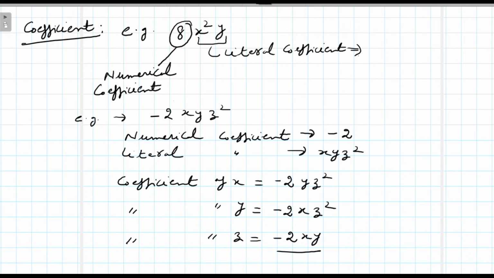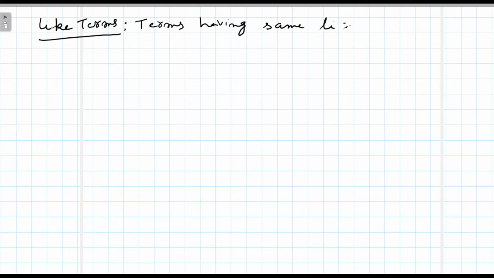Now we will move on to like terms. Like terms: terms having the same literal coefficients are called like terms, otherwise they are unlike terms.